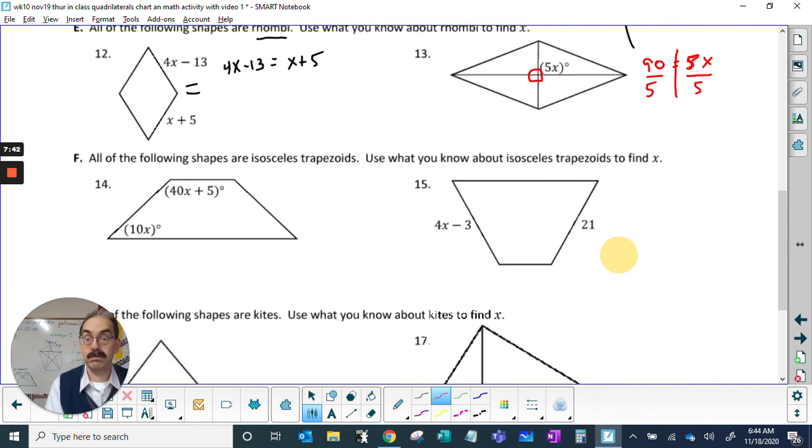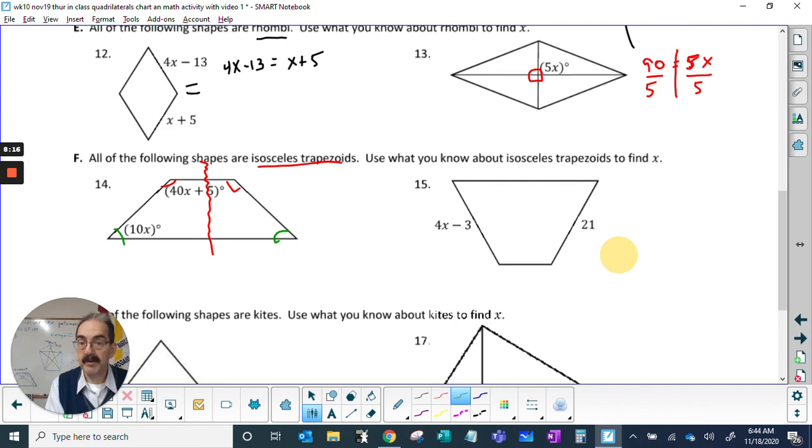Isosceles. Wow. How do we do an isosceles trapezoid? So this one's going to take a little bit more time. Okay? But do they always equal 180? They have to always equal 180 because this is equal to this, and this is equal to this.